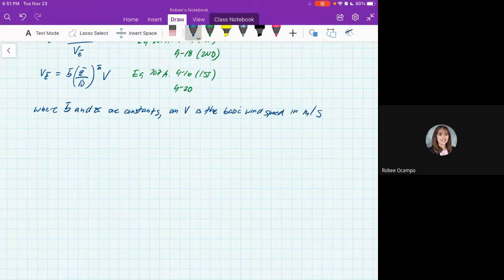Now, where B bar and alpha bar are constants from the table 207A.9-1, and the V is, of course, our basic wind speed in meters per second.